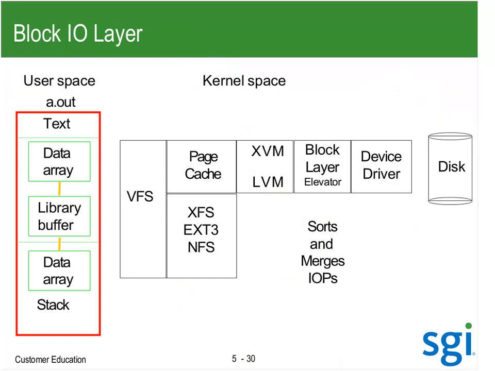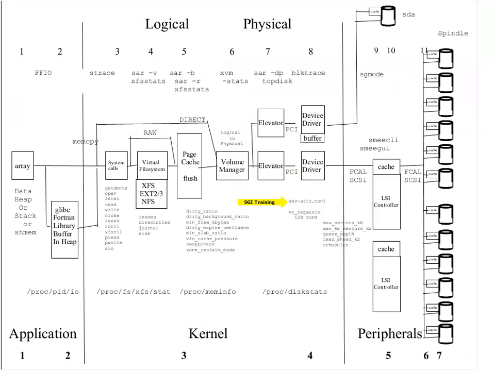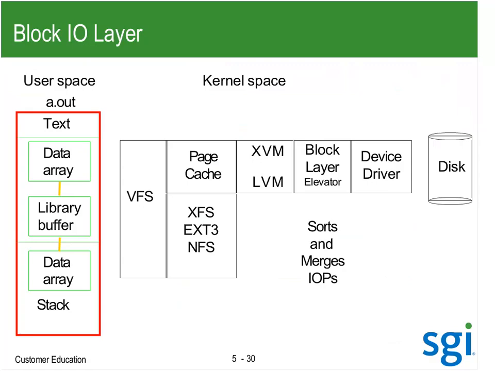So this is that big drawing that I want to come back to tomorrow. I've got it in more detail here. So I've got my application user space. If I'm using Fortran, there's going to be a library buffer in between. And then I make an IO library or IO system call.